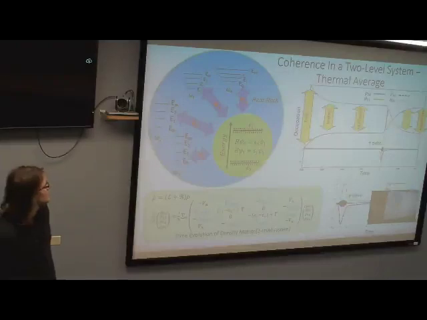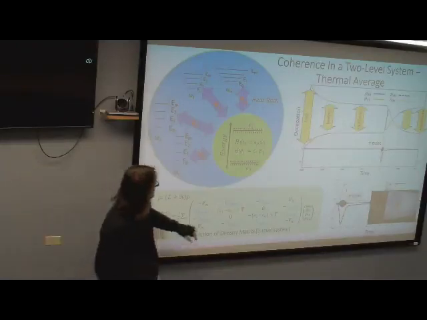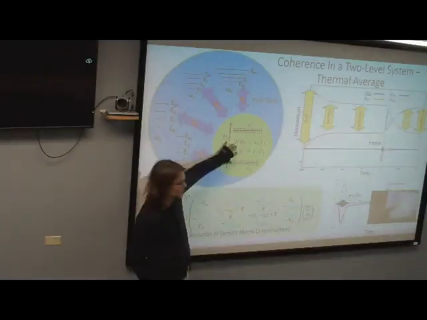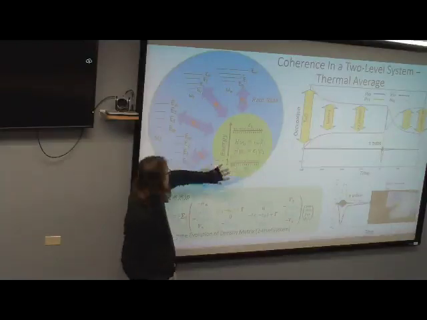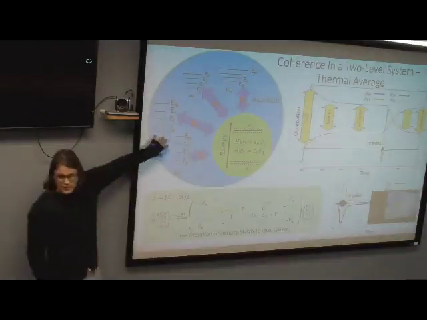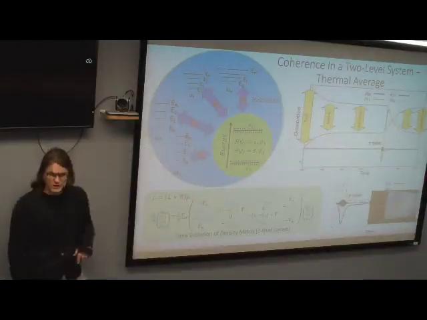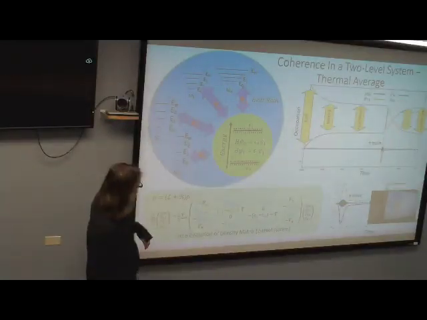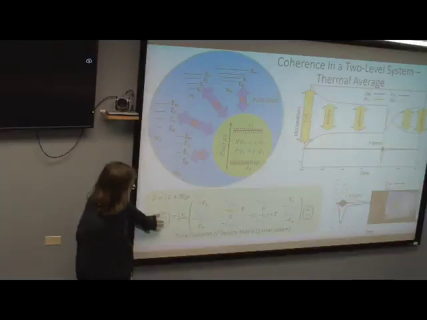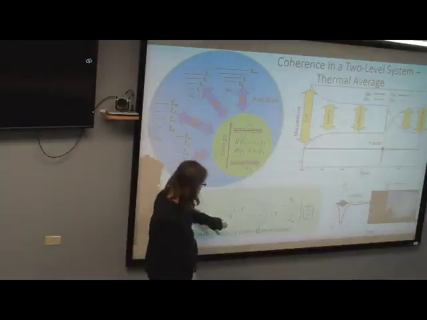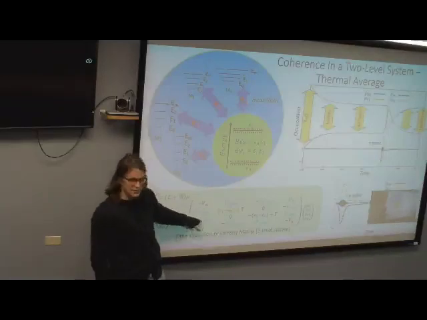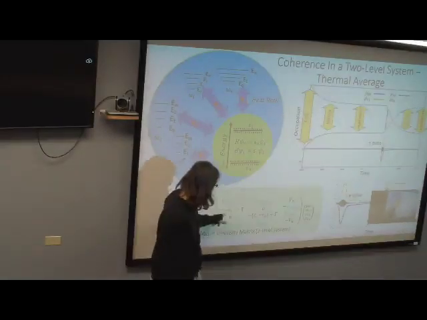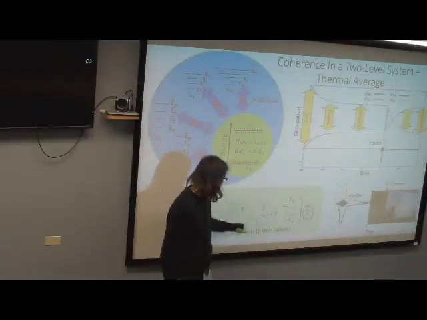So this slide's a little busy. Previously we had our two-level system isolated, but now we throw it into a heat bath. So it's basically just connected to a bunch of harmonic oscillators with different potentials. And if you take the time to sit down and fill out the density matrix, you get the same components that we had from the Liouvillian, with the optical pi pulse and the energy terms that keep the phase.